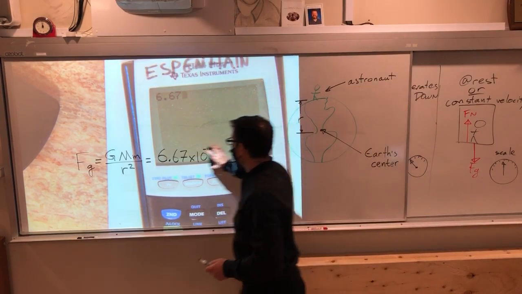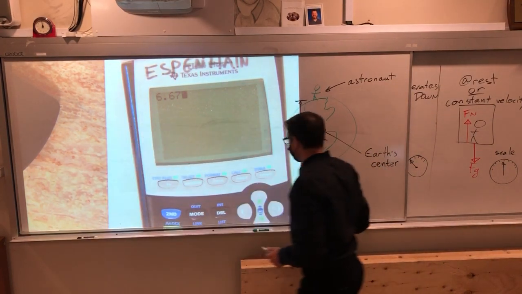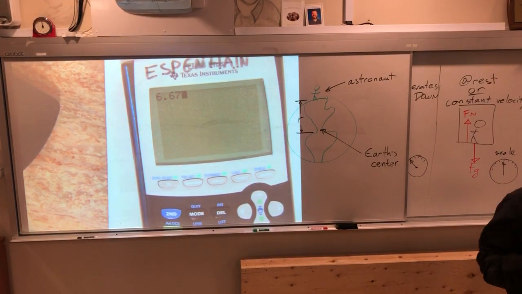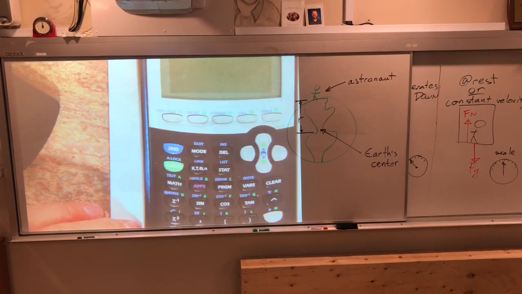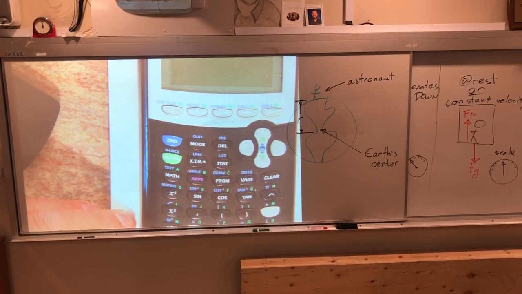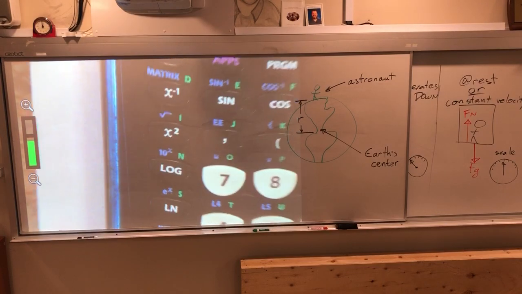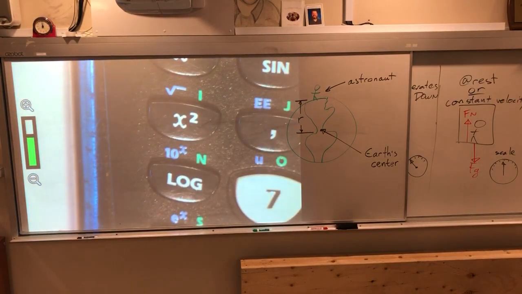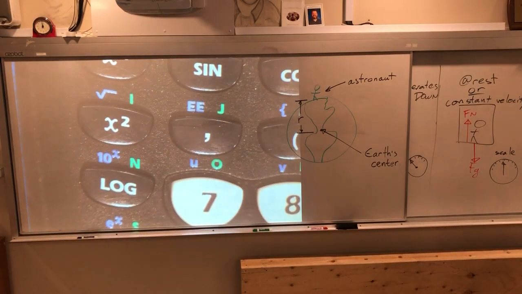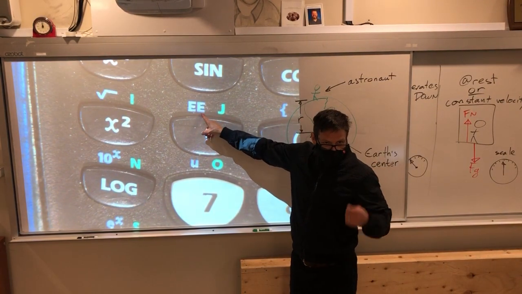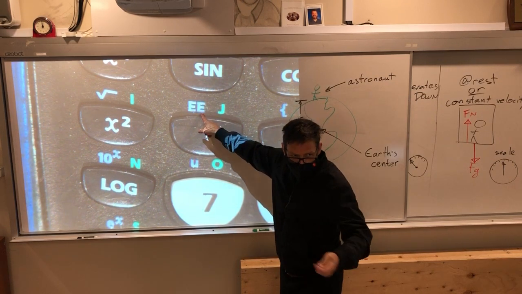And then you're going to be tempted to say times blah, blah, blah. That's going to make for mistakes. So what you do instead is you find on a graphing calculator this button right here. See this capital E? That means times 10 to the power of.